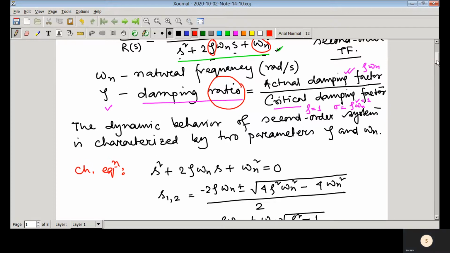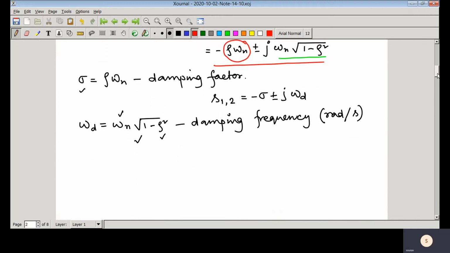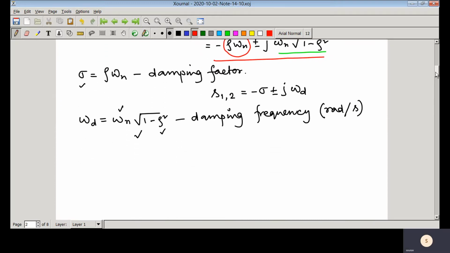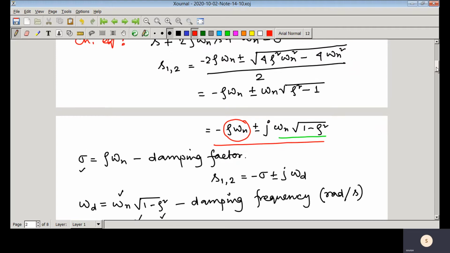So now let us see what happens if we apply a step input to the second order system. And here we have considered the transfer function of the second order system in normalized form. Before going into that, let us see the location of the two roots. The two roots are minus sigma plus minus j omega d.